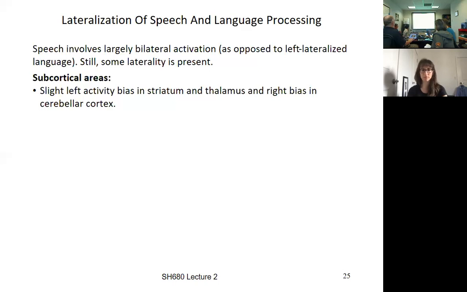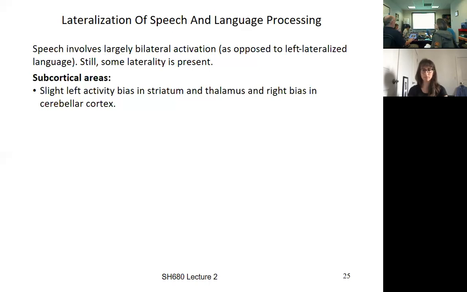But you also see, even in subcortical structures like we talked about last week, languagey things that are more left lateralized. One example is that fMRI activity is a little more active in the left than the right in the striatum and thalamus, and a little more active in the right in the cerebellar cortex.